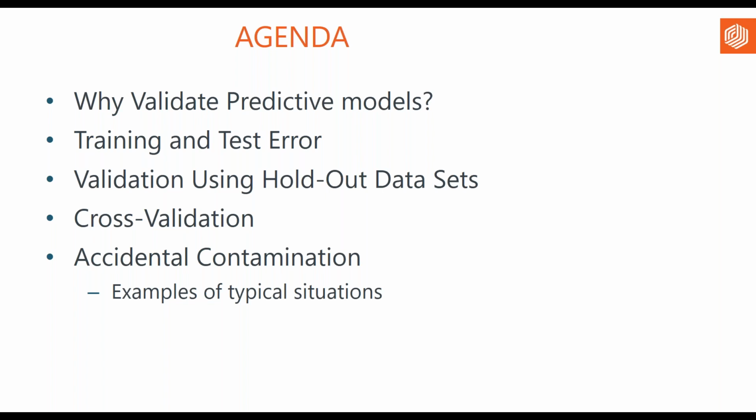And as a part of this workshop, I want to introduce a concept called accidental contamination. The word looks pretty complex, but when I get there, I'll explain what it is. I'll give some typical situations or examples. And if you're interested in further reading, I will also share a link.